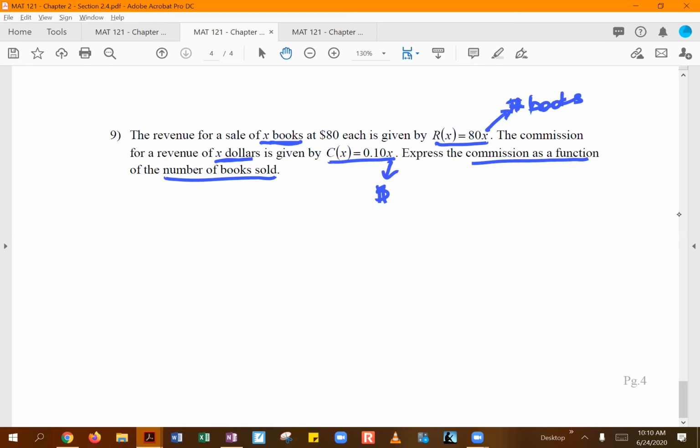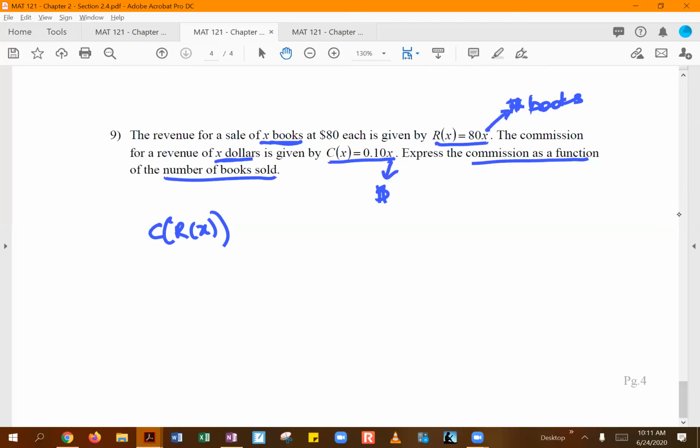So what you are actually going to be doing is taking a composition where C of X, of course, is still going to be your outer function, because we're still trying to rewrite the commission function. But since the revenue function is where your X is the number of books, you're actually going to put the revenue function inside of the commission function. Yeah, very good, Audrey.